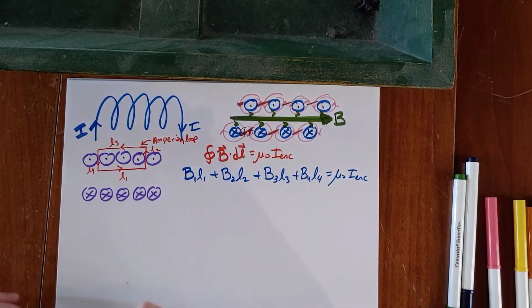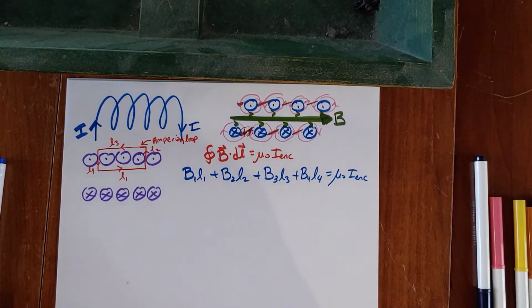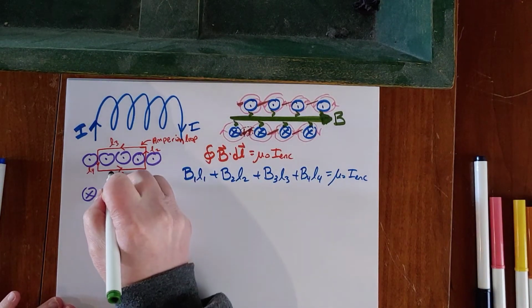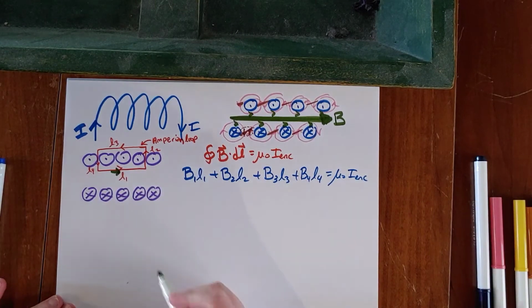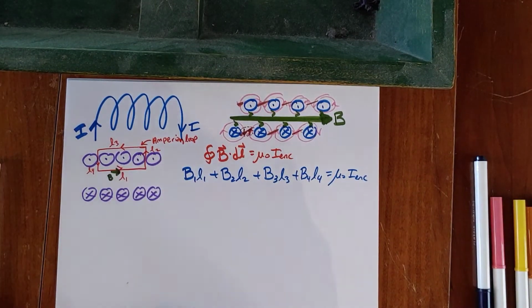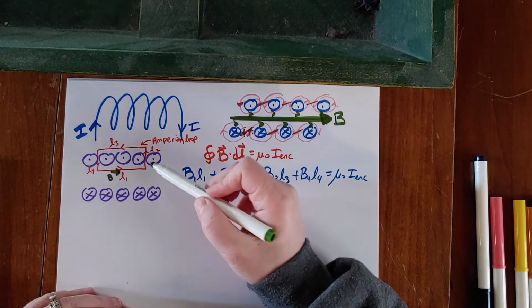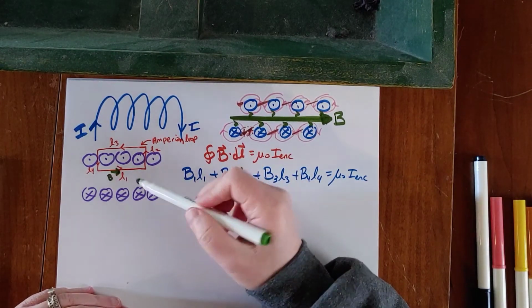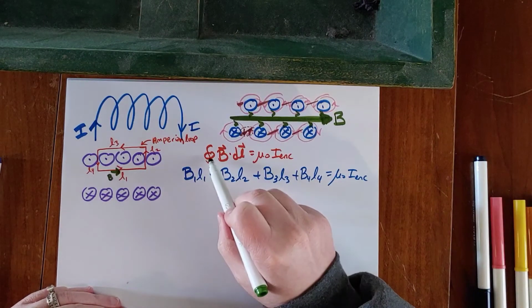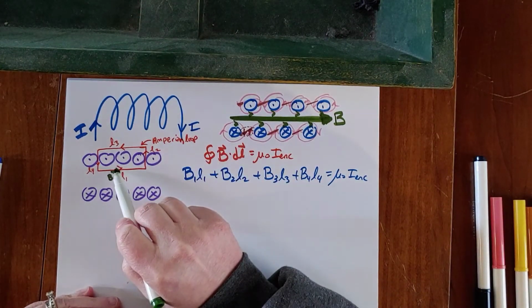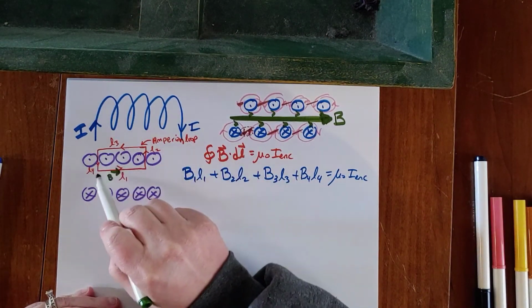Because think about it. Let's get a pretty color for our B field. What did I use? The green? Our B field was here, right? And look at that B. And then, remember how I said that I chose a direction? You have to choose a direction when you do these line integrals. So you're saying, I'm going this way, this way, this way, this way.